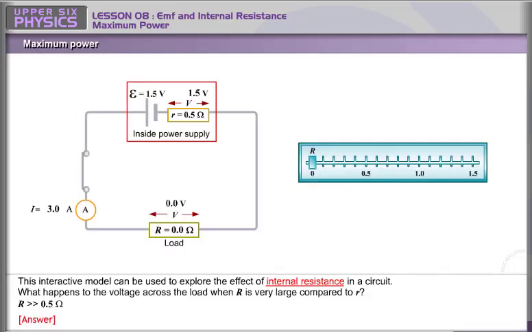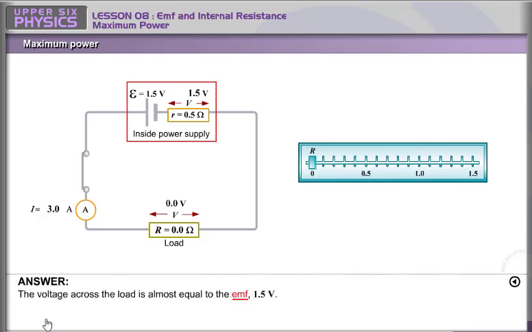This interactive model can be used to explore the effect of internal resistance in a circuit. What happens to the voltage across the load when big R is very large compared to small r? Answer: the voltage across the load is almost equal to the EMF, 1.5 volts.